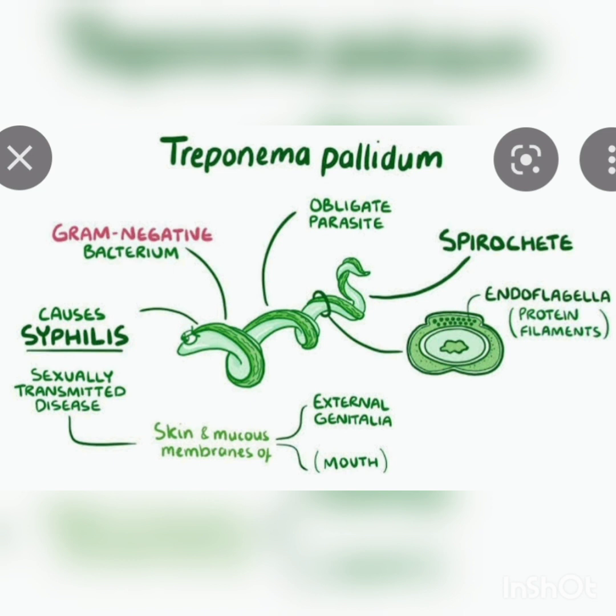So the positive VDRL test is seen in all these conditions. A positive VDRL test will go negative within 6 to 24 months in a person who had a Treponema pallidum infection.